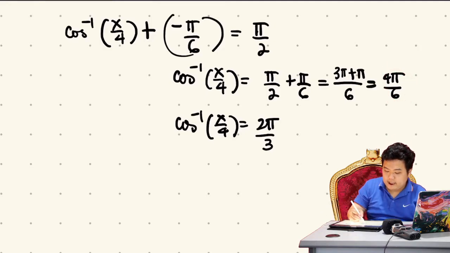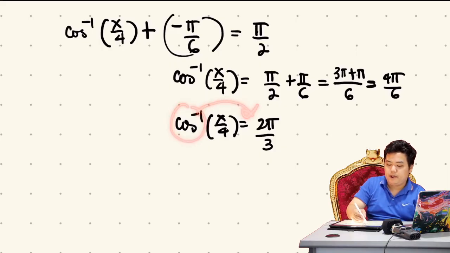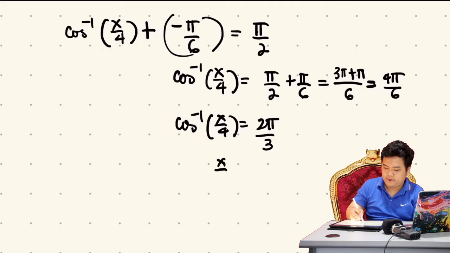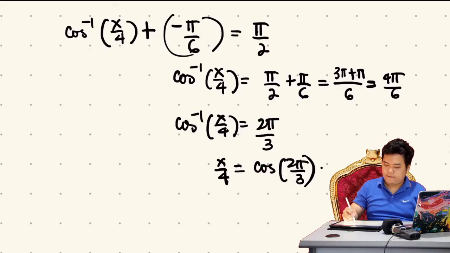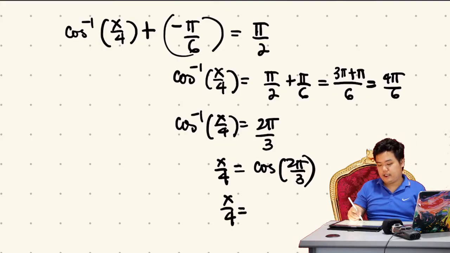Okay, so sabi natin, by the definition of cosine inverse, pwede mo ilipat sa kabila iyon. Pero magiging cosine na lang siya. So, cosine 2 pi over 3. At anong value ng cosine 2 pi over 3? Nasa second quadrant siya, so negative.